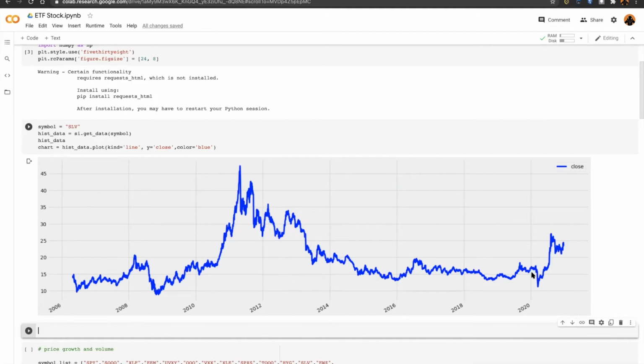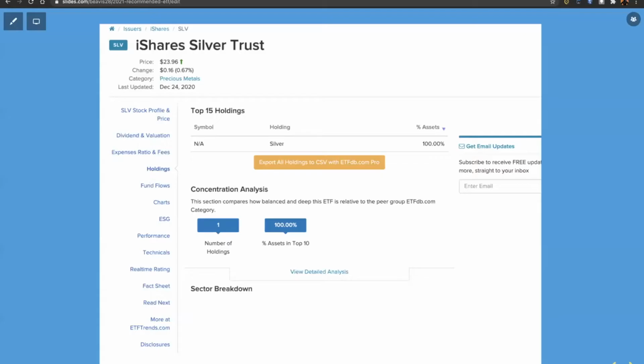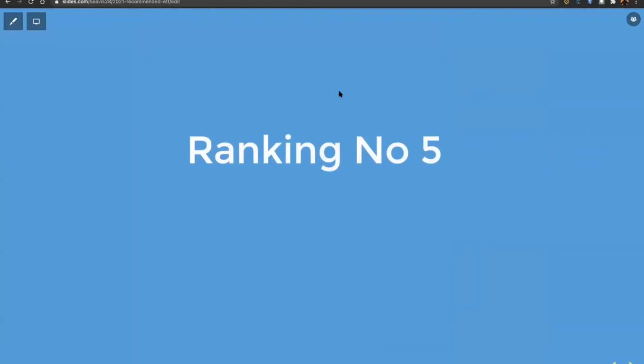Normal people still keep cash, but most investors are very eager to earn more money. They love to go to another asset. So this is the reason why silver is growing, and why this SLV is growing. So this is number 6.